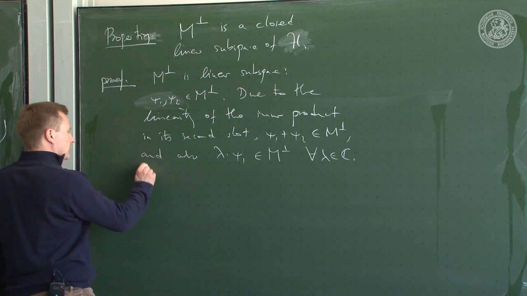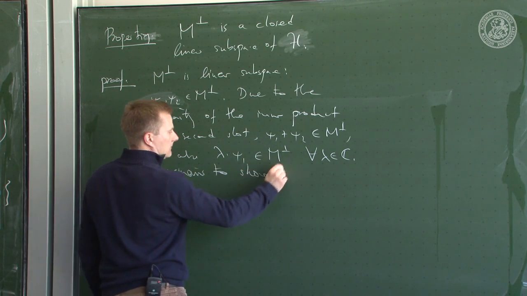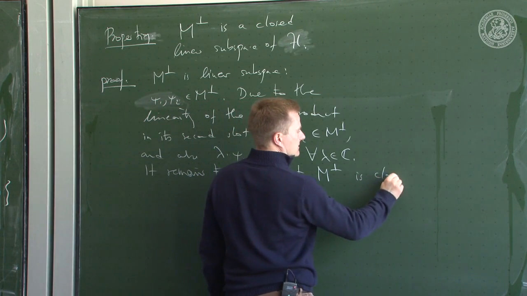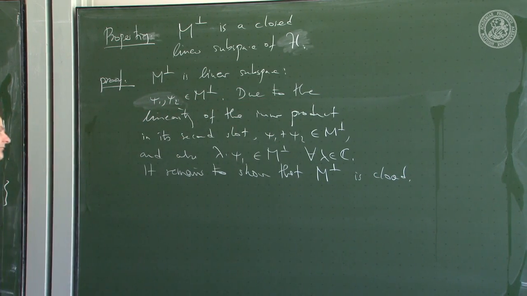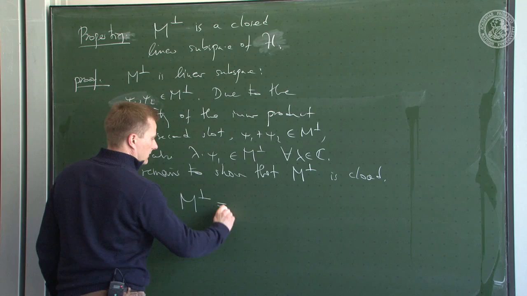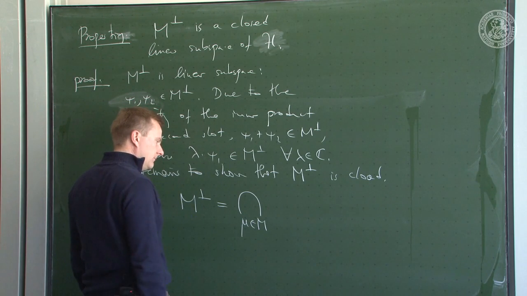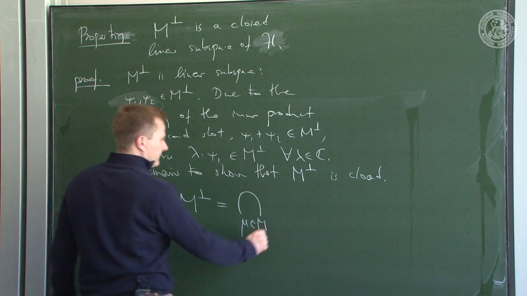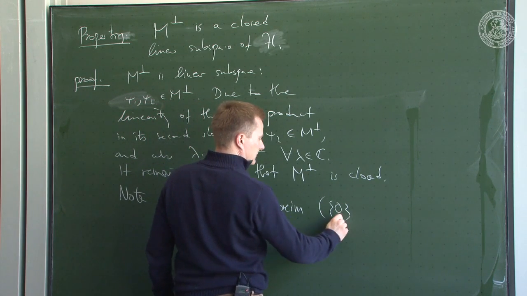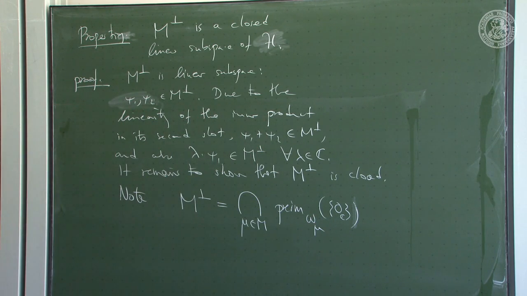Well, it remains to show closure, to show that M orthogonal is closed. Well, the first thing we note is that M orthogonal is the intersection over all mu in M of the pre-image of the 0 in the complex numbers under the maps omega mu.